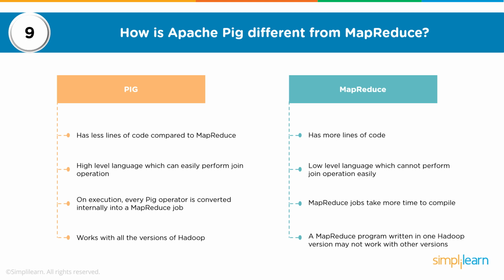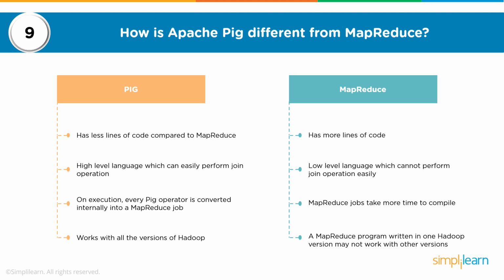So if we compare Pig with MapReduce, Pig obviously is very concise. It has fewer lines of code when compared to MapReduce. Now, we also know that a Pig script internally will trigger a MapReduce job. However, the user need not know about the MapReduce programming model. They can simply write simple scripts in Pig and that will automatically be converted into MapReduce.